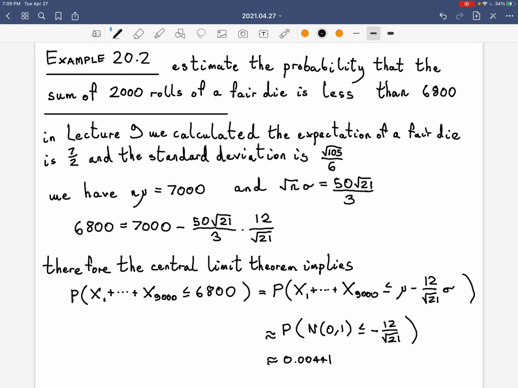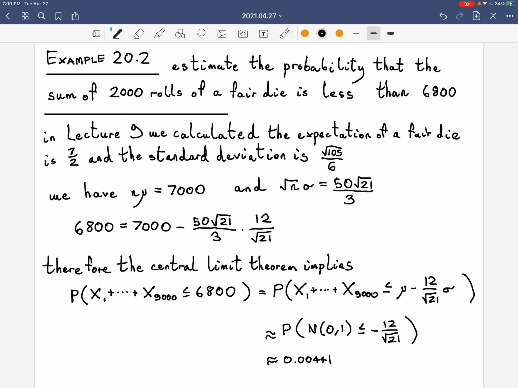So the central limit theorem is going to imply that this probability is approximated by the probability that the standard normal is less than or equal to minus 12 over root 21. It's a pretty small probability. It's about 0.00441.